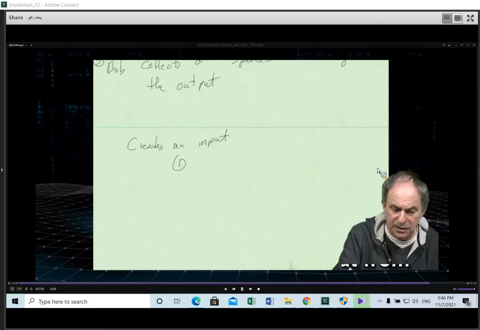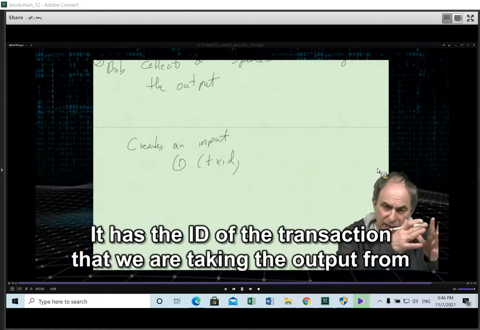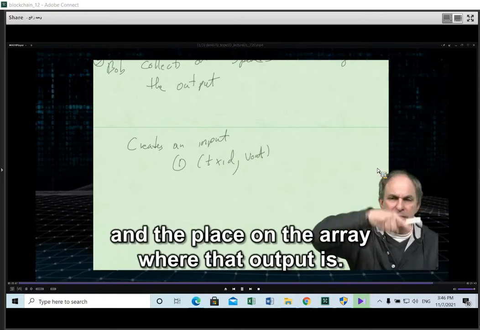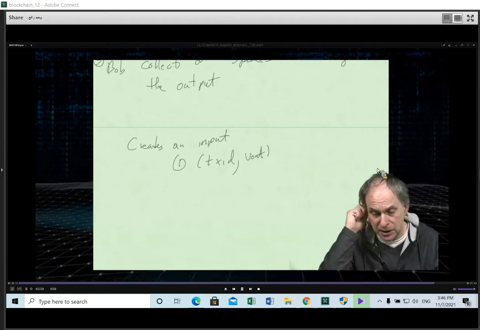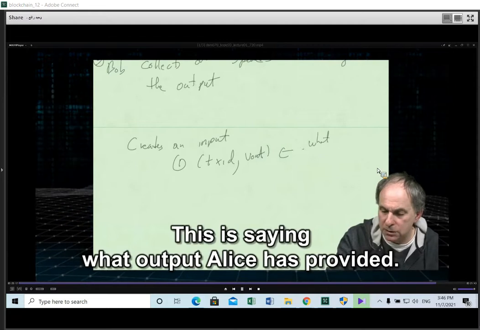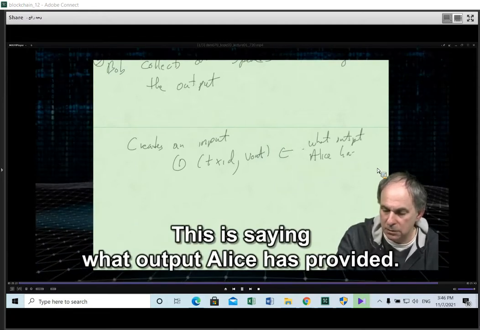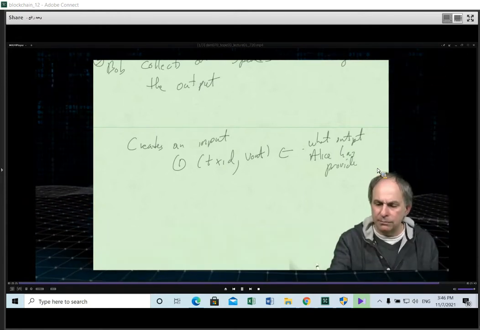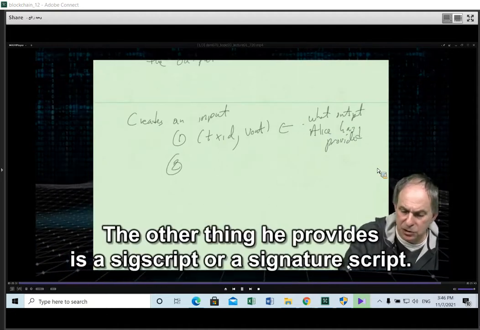Two things. It has the ID of the transaction that we're taking the output from, and the place on the array where that output is. So it's saying what output Alice has provided. That's giving us the output that Alice has provided. Okay, yep. And the other thing he provides is a sig script or signature script.